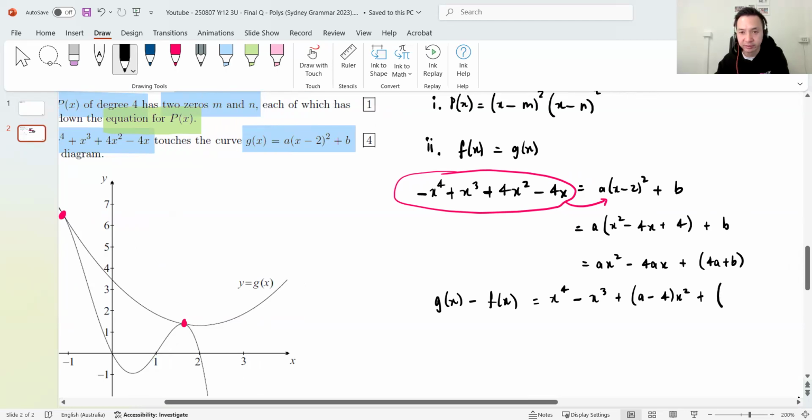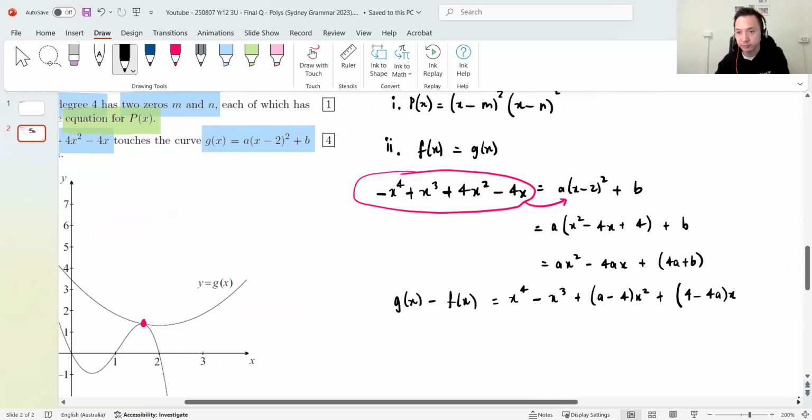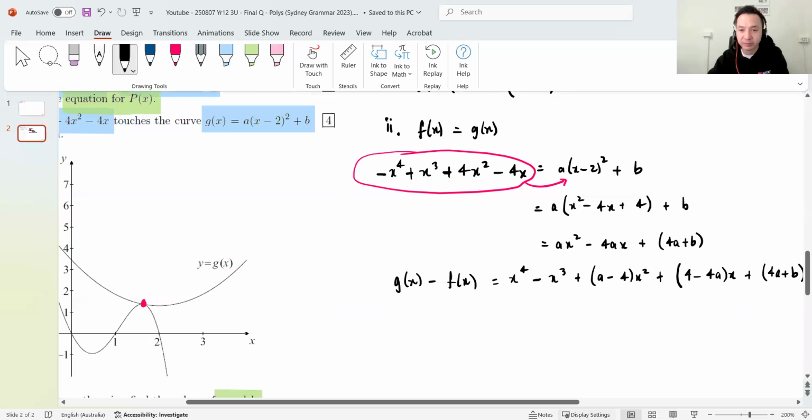Now this guy's negative, the x is positive, so I'm going to go 4 minus 4a x, and plus 4a plus b. Guys, I'm going to quickly pause that, check my algebra. Looks good.